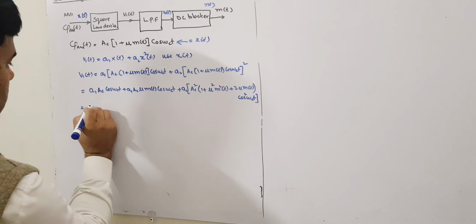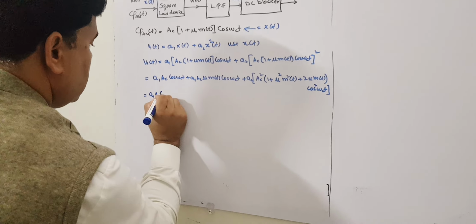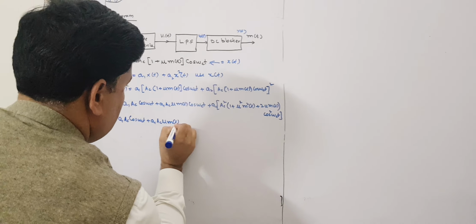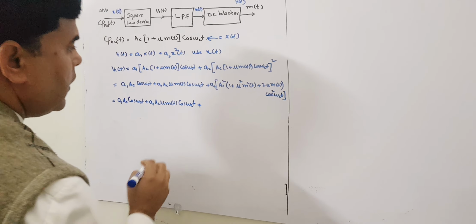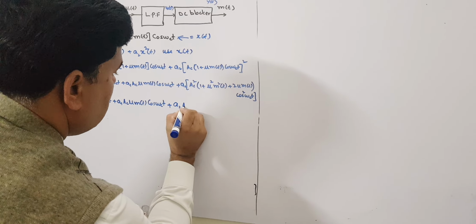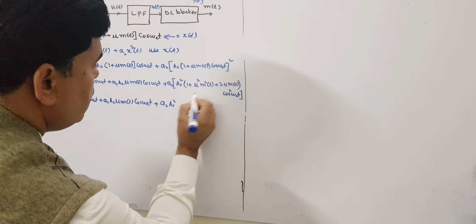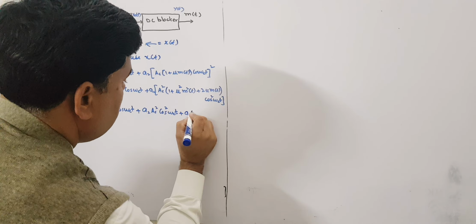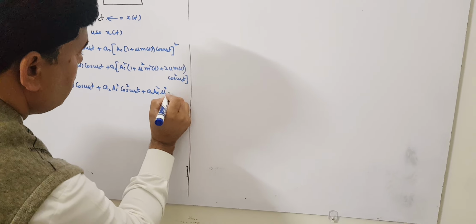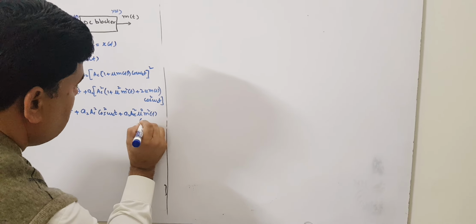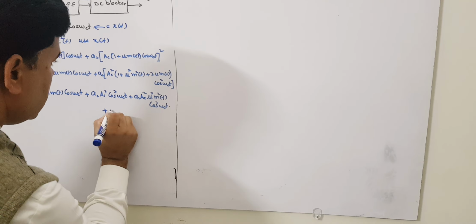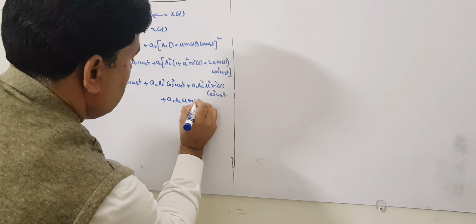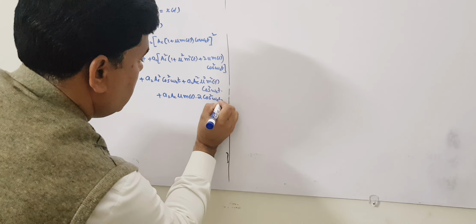So you can rewrite this equation again: a1 Ac cos omega c t plus a1 Ac mu m(t) cos omega c t plus a2 Ac square cos square omega c t, and then plus a2 Ac square mu square m square(t) cos square omega c t, and then plus a2 Ac square 2 mu m(t) cos square omega c t.